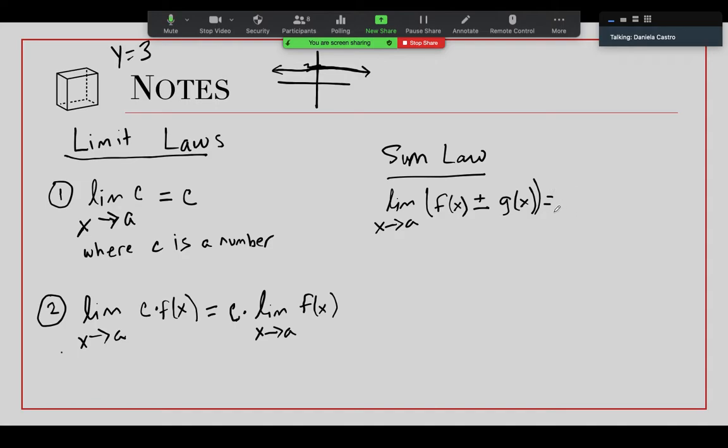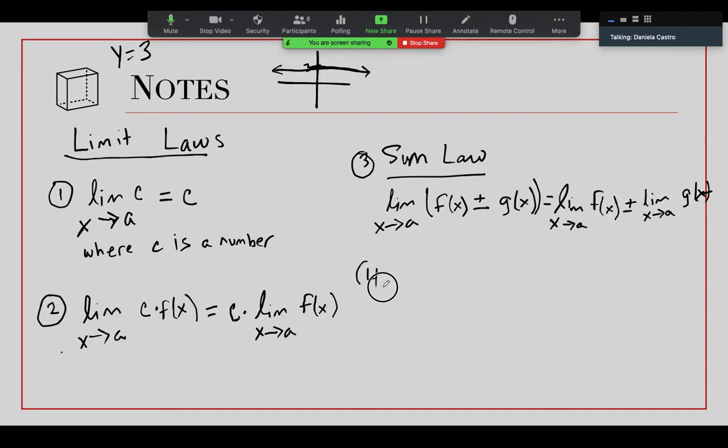It makes sense when you think about it like that because we can break it up into the limit as x approaches a for f of x plus or minus the limit as x approaches a for g of x. So all I'm saying in this one is that we can split up those 2 functions. Okay?